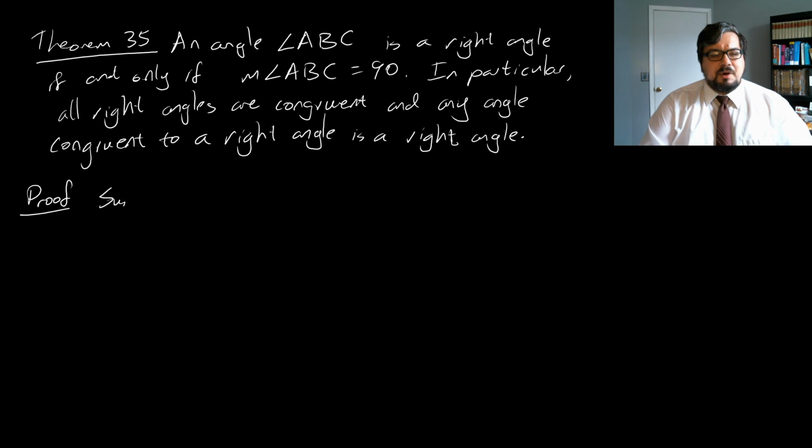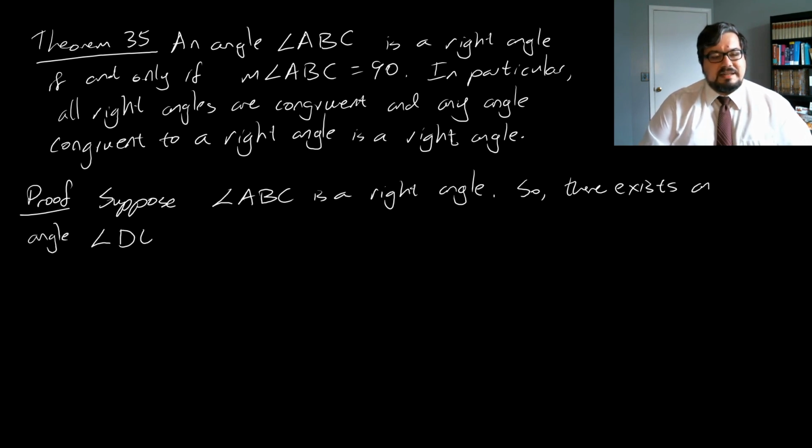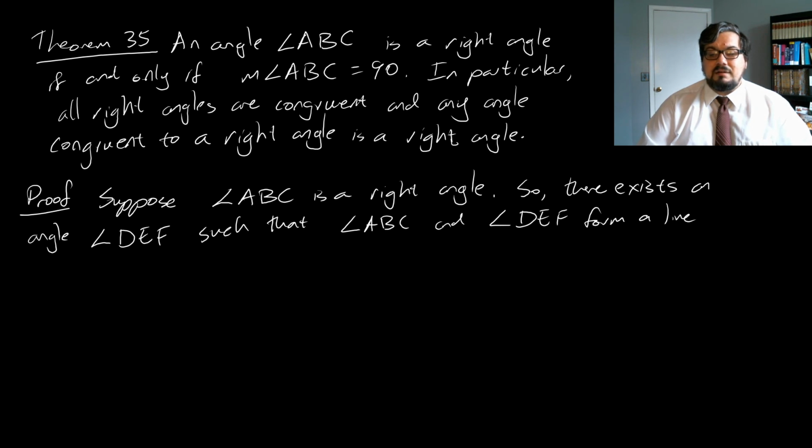So let's suppose that angle ABC is a right angle. Now, what does this mean? Going back to the definition, this means that there exists an angle DEF such that angle ABC and angle DEF form a linear pair and angle ABC is congruent to angle DEF.